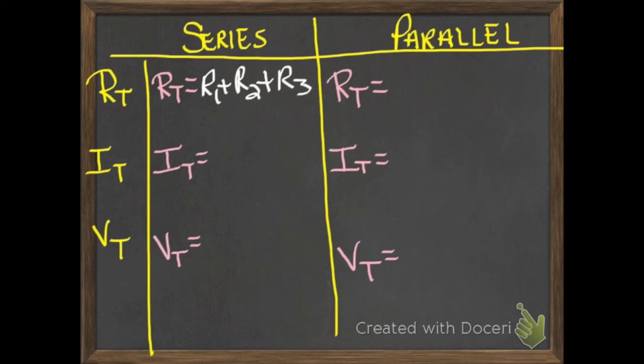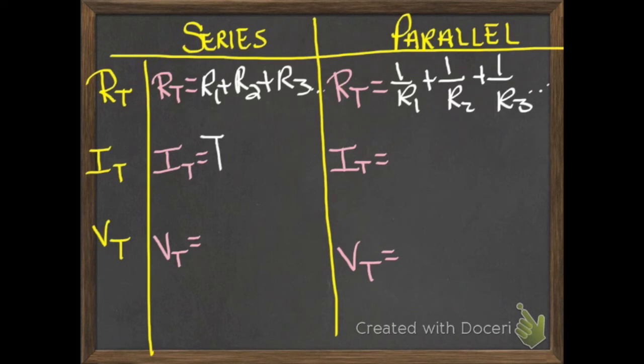Whereas when we're looking at a parallel circuit, RT is equal to 1 over R1 plus 1 over R2 plus 1 over R3.